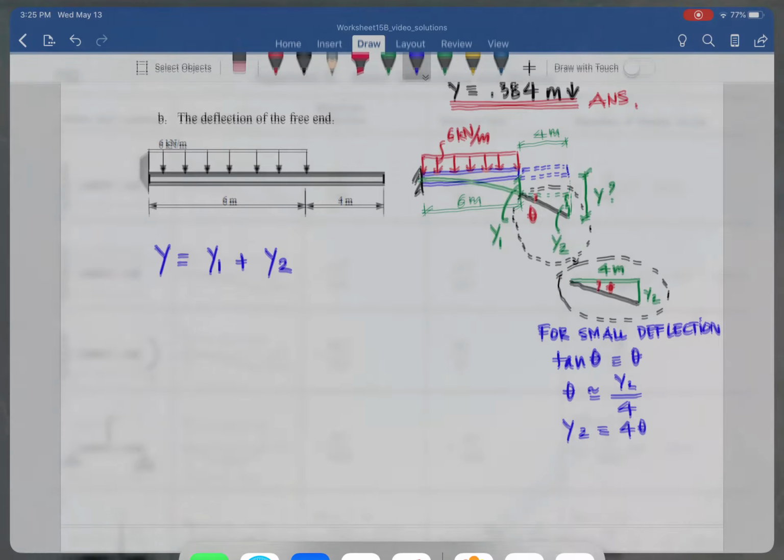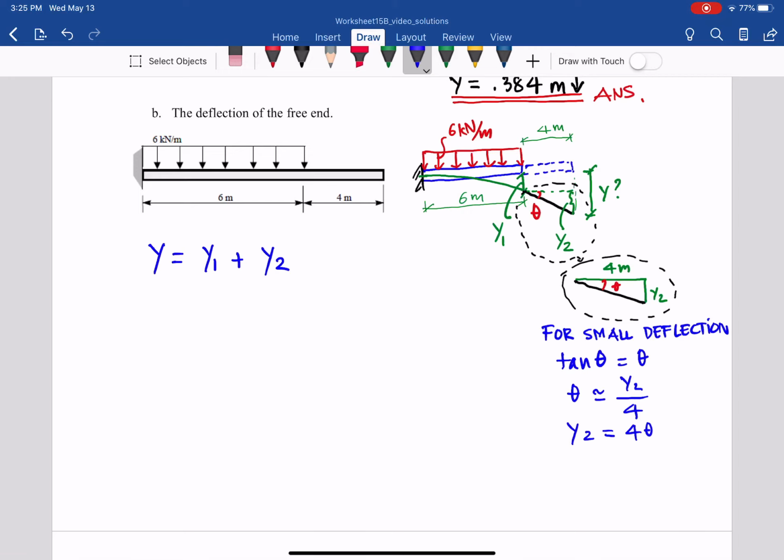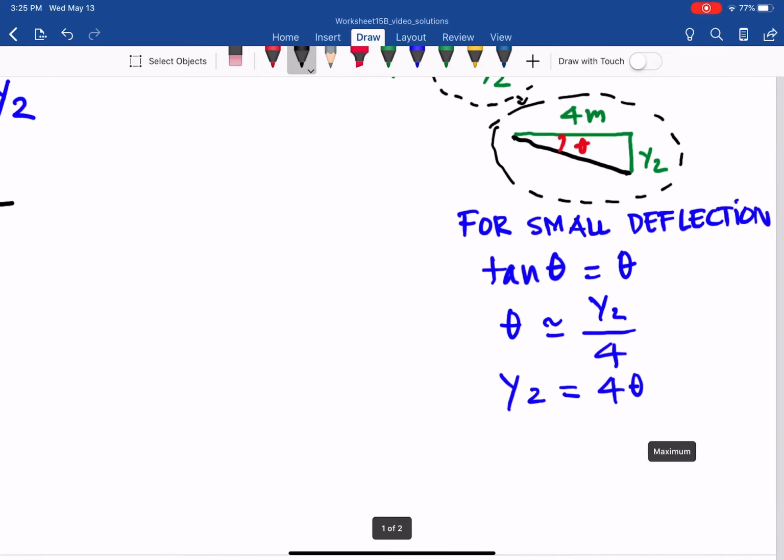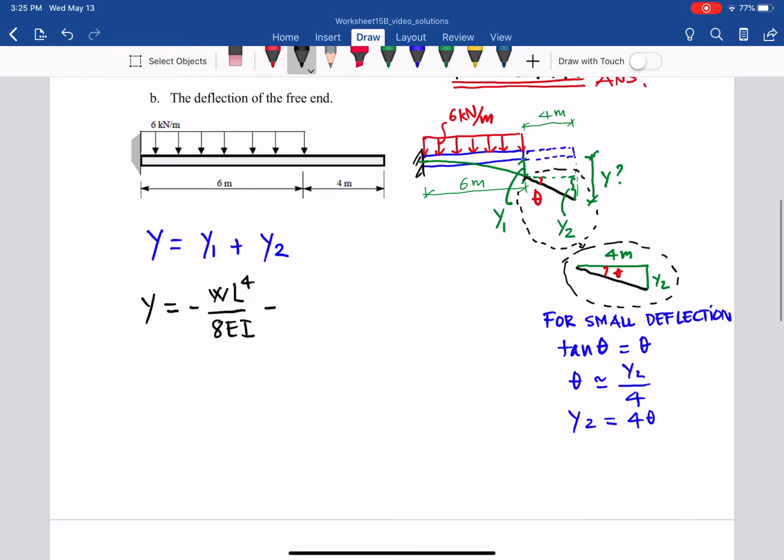Now we go back and write the equation I just described. y equals the maximum deflection at 6 meters from figure 2, negative WL to the fourth over 8EI, plus y2, which equals 4 theta.